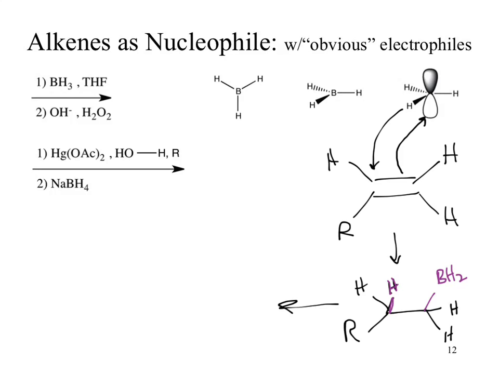We react that with hydroxide in the presence of peroxide, and we end up with our final product, where we appear to have magically put the oxygen on a different position.